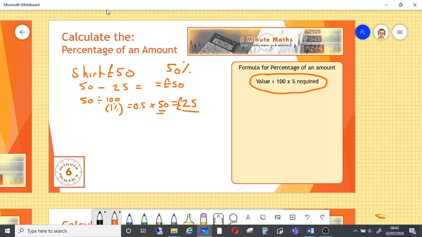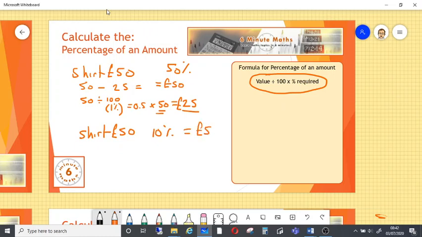Let's do another one. Same shirt, £50, but this time there's only 10% off. Most people know that if you divide an amount by 10, that gives you 10%, so 50 divided by 10 equals £5, so the discount would be £5.